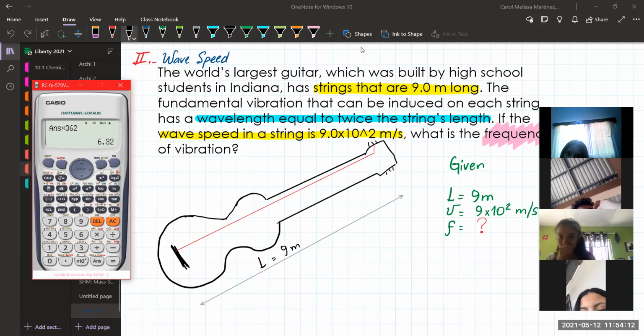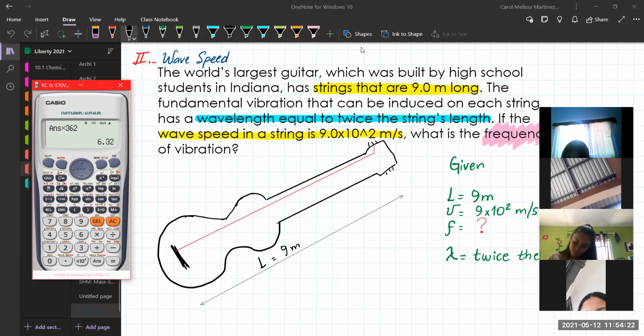The problem tells you that the wavelength is twice the string's length. Okay, that's what the problem is telling you. Twice the string's length.